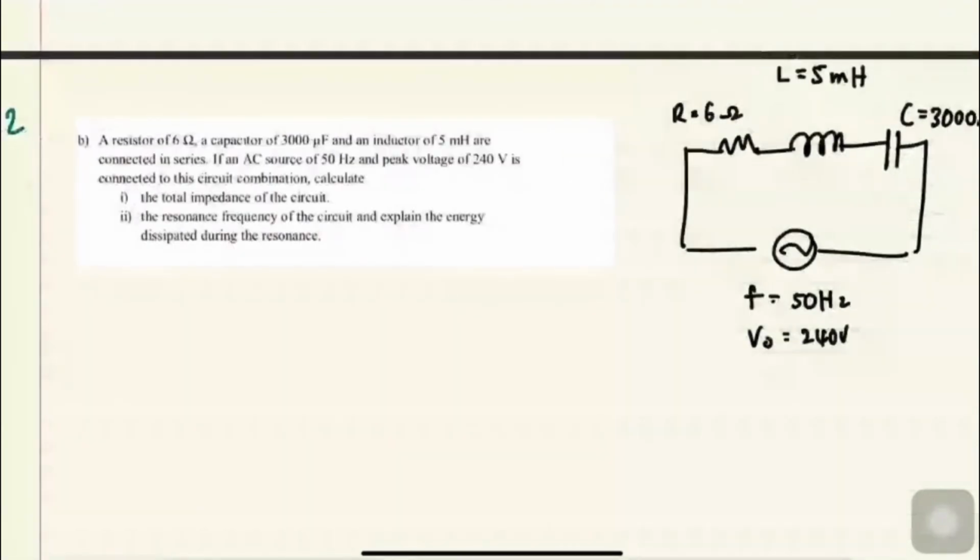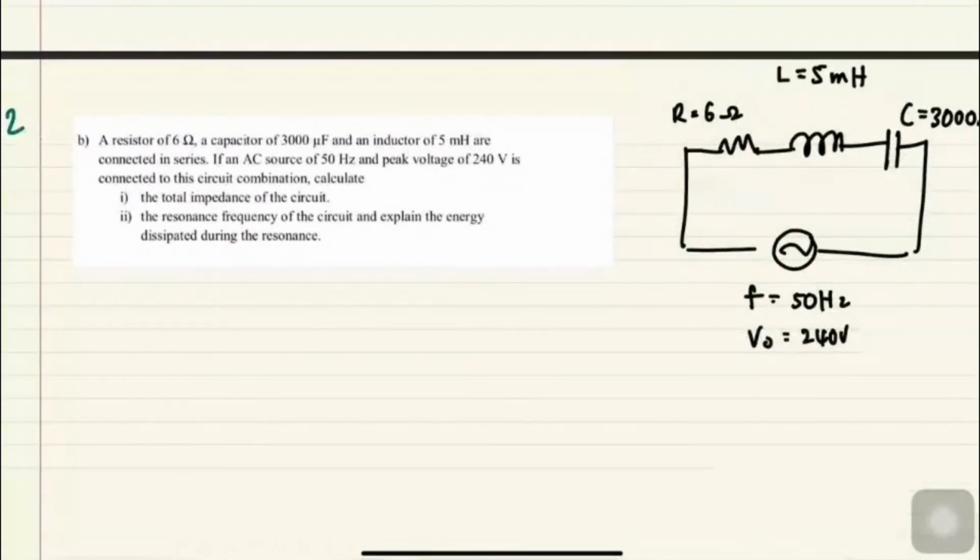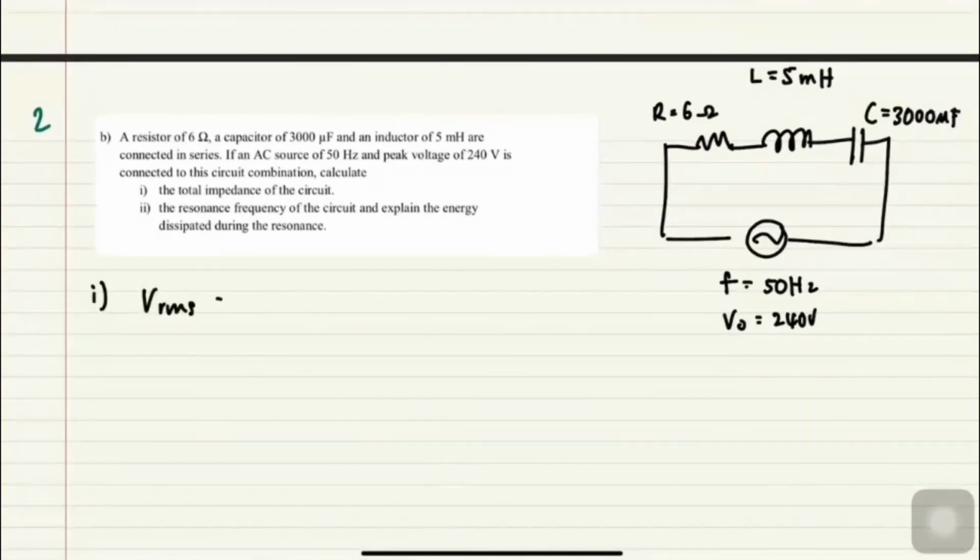The total impedance of the circuit. So this is no problem. You do have the V0, you can find VRMS. First, find VRMS using V0 over square root of 2. They gave the frequency.